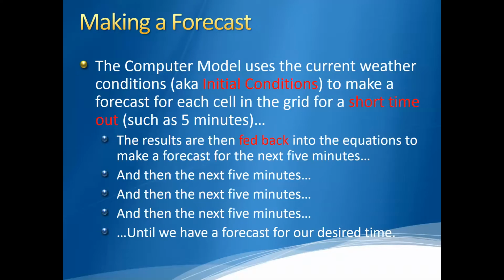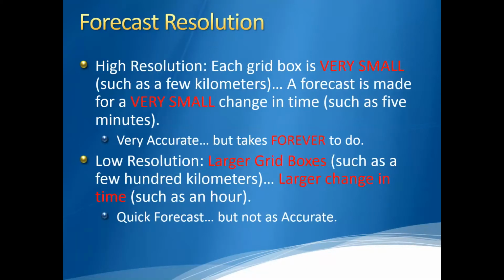However, many forecasts, rather than forecasting 5 minutes out, they forecast an hour out, or 3 hours out, or 6 hours out. And a lot can change in the atmosphere between now and 6 hours from now. And so those lower resolution models aren't nearly as accurate. So with that said, there are two types of resolution: high resolution and low resolution.